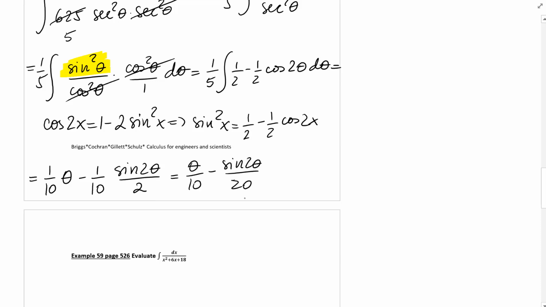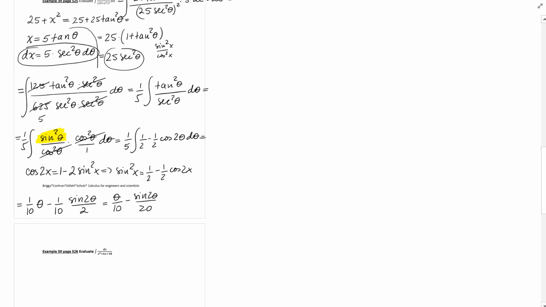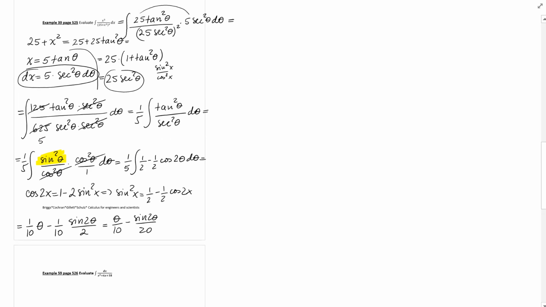Well, our initial problem was in x, so we want to move it back into x. Now, we started with x being 5 tangent of theta. That means tangent of theta is x over 5. That means theta is tangent to negative 1 of x over 5.